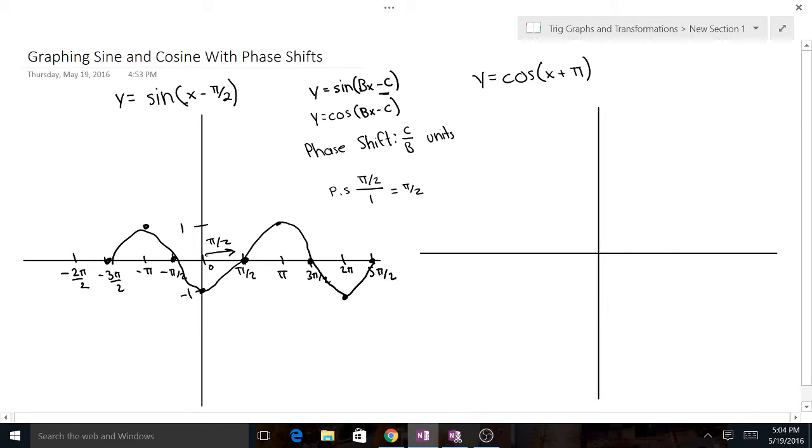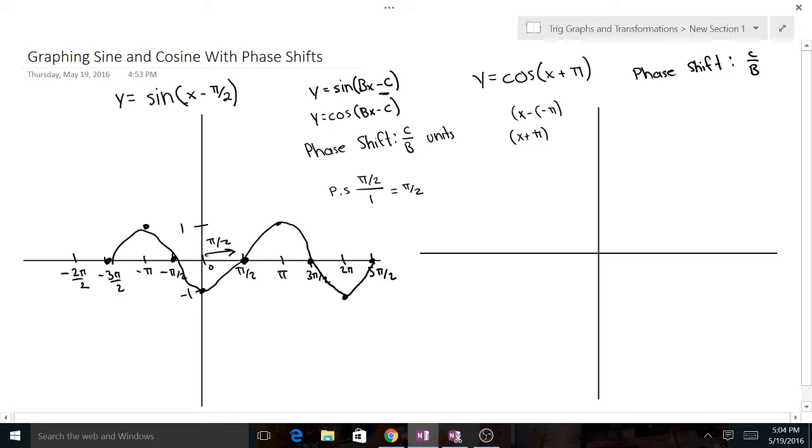So now we've got y equals cosine of x plus pi. So let's do our phase shift again. We know that it is c over b. The formula is written as x minus c, so that means it had to be x minus a negative pi, because that turned it into x plus pi.